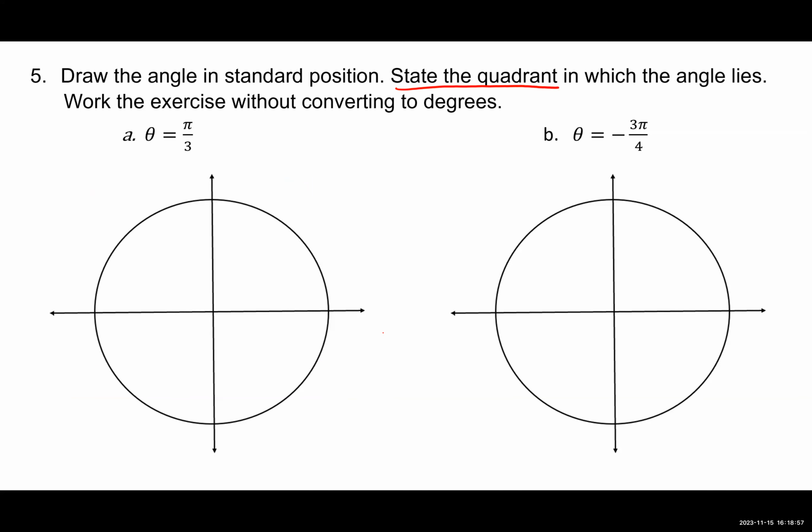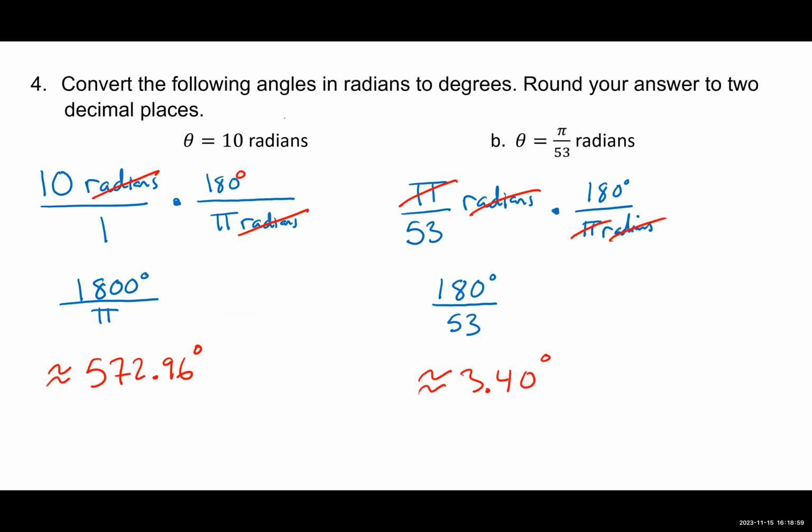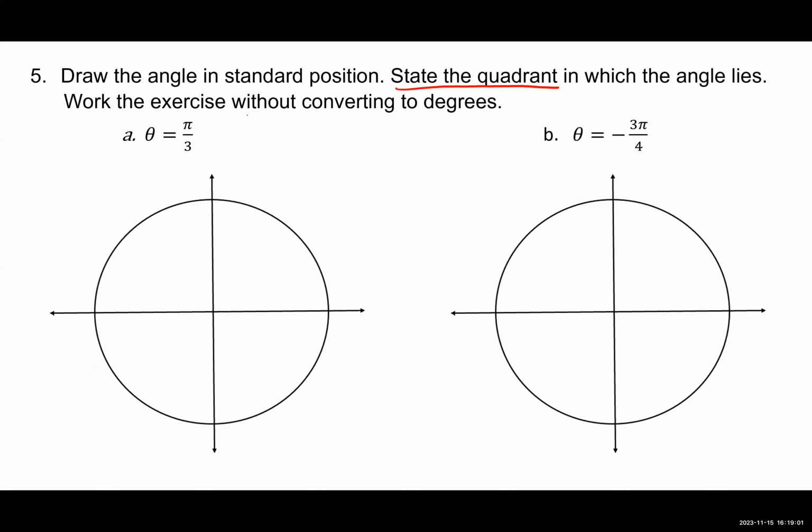So let's think this one through without converting the pi over 3 radians to degrees. Before we do anything else, just look at this. You see theta equals pi over 3.